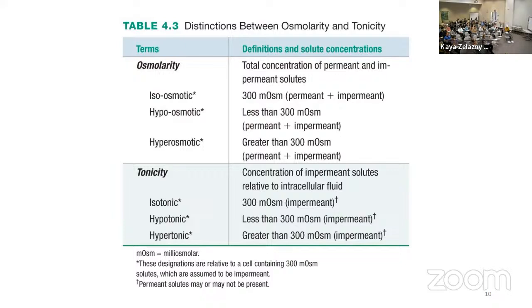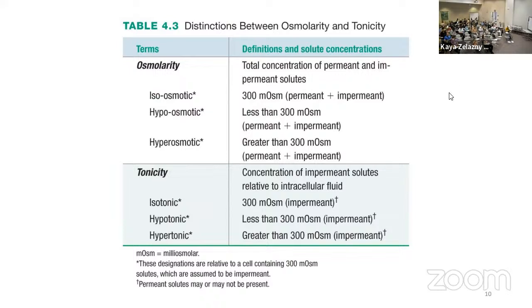The only difference that I want you to be able to trace right now is to just know when I say tonicity, I'm referring to impermeant stuff. When I'm talking about osmolarity, I'm talking about everything. I won't expect you to walk through what we just did in that figure. That's for the future.